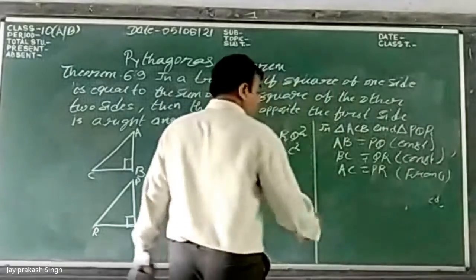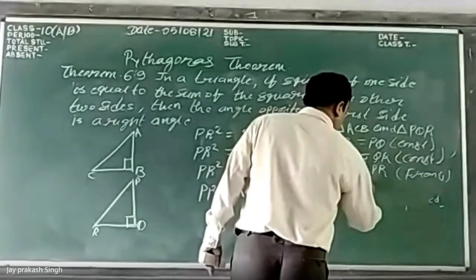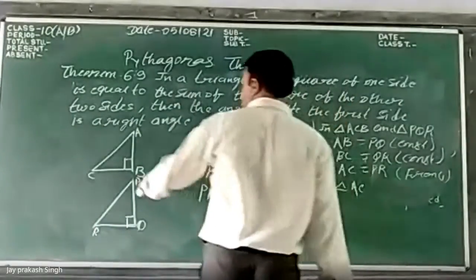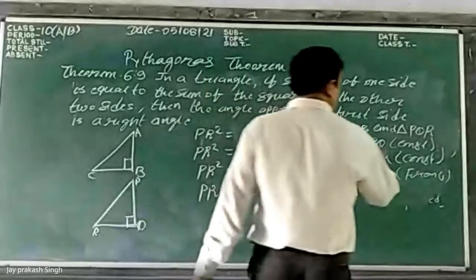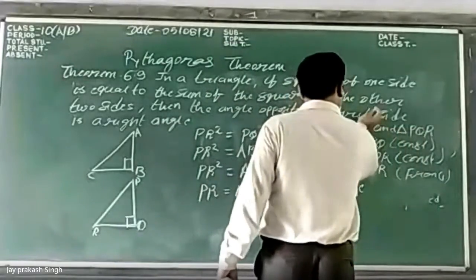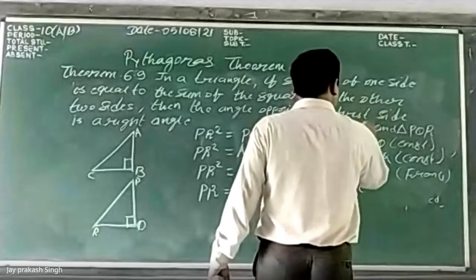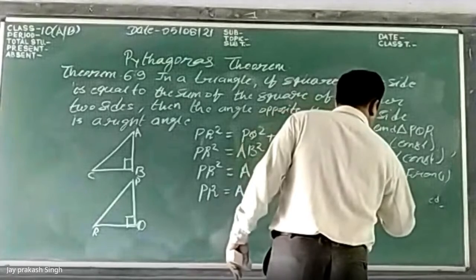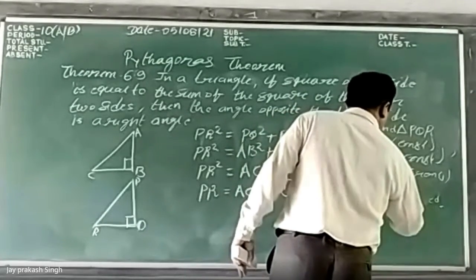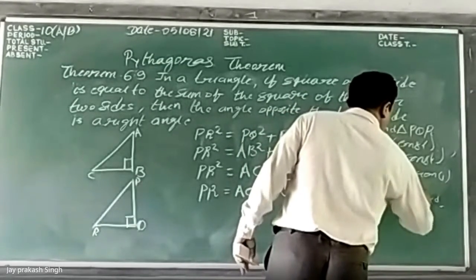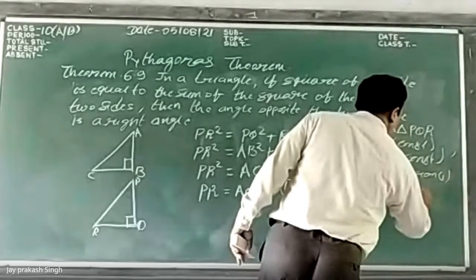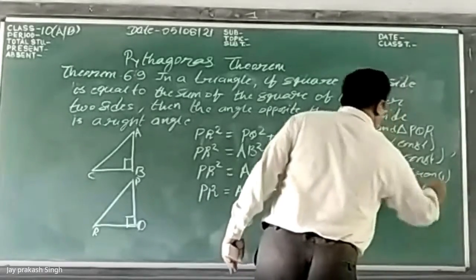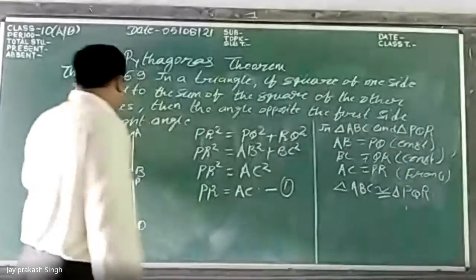So triangle ABC is congruent to triangle PQR. These two triangles are congruent.